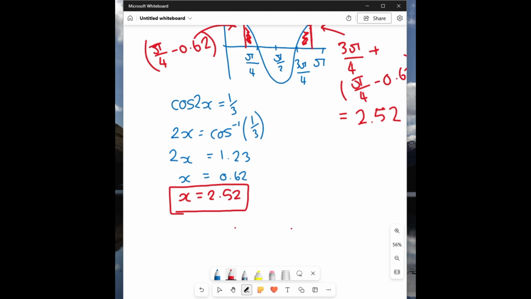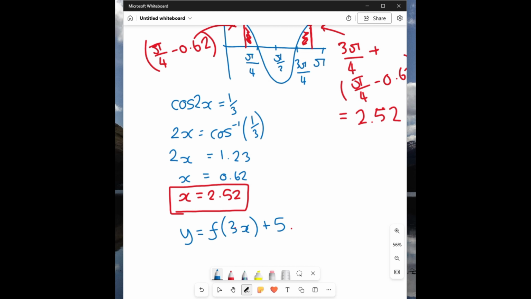But now we need to think about what transformation is happening for y is equal to f of 3x plus 5. So we know f of 3x is going to be a stretch of scale factor a third. It's going to basically squish it.